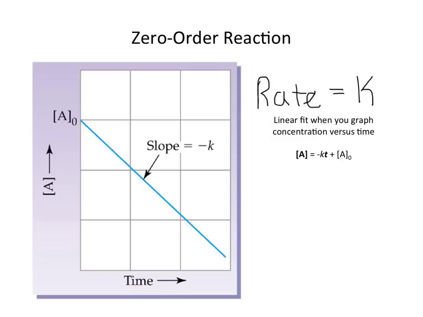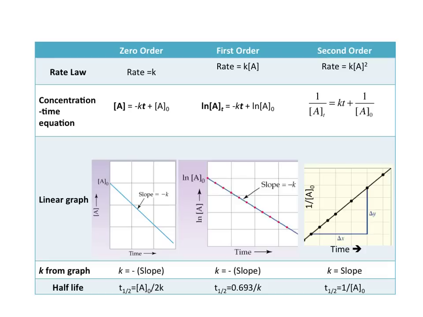And in this case, your integrated rate law is going to equal concentration equals negative k times t plus the initial concentration of A, where the slope of your line actually equals negative the rate constant. Now this table summarizes the integrated rate law for a zero-order, first-order, and second-order reactant.